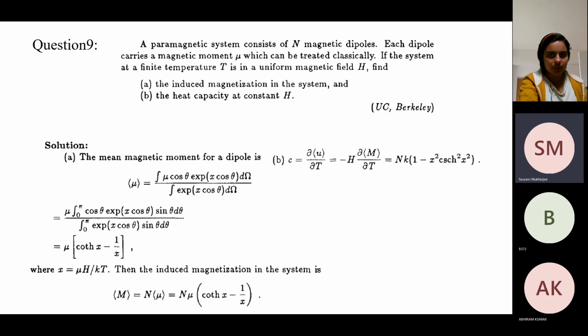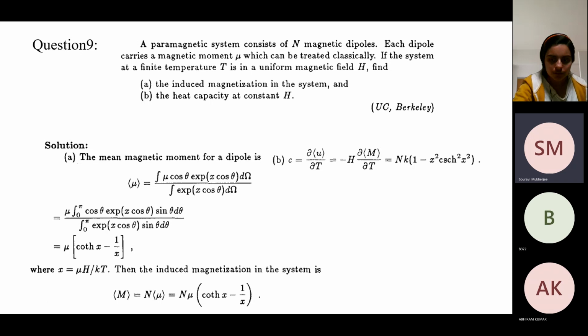Now it's a magnetic system, so the heat capacity has an expression like this, because it's at constant H. Once you find M, you can just take a derivative with respect to temperature to find the expression for the heat capacity, right?